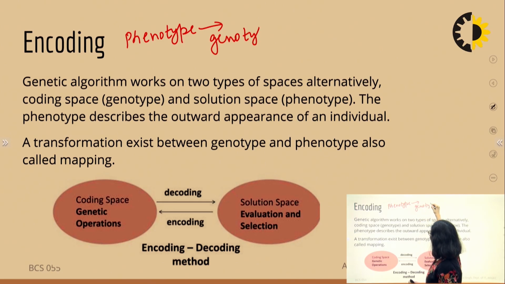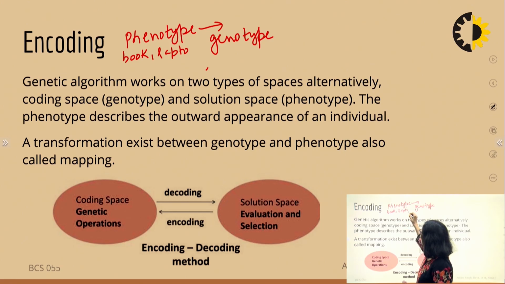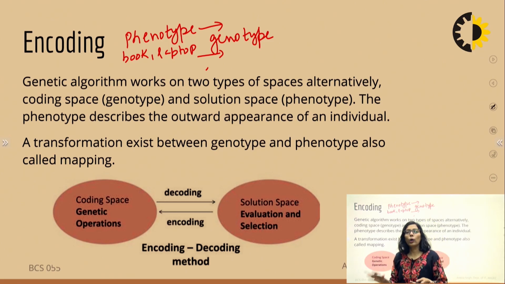For example, I have to find the best combination of items that I could put in my bag subject to a maximum weight of 5 kilos, and I have to maximize my utility. So I could have a combination like the book, laptop. How could this be represented in a format so that it can be fed into my algorithm?